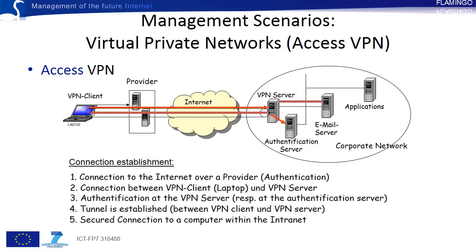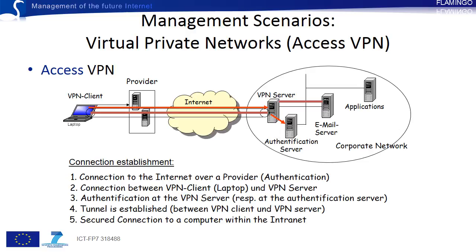The last type is the access VPN. The so-called remote access VPNs allow employees to access their company's intranet from home or while traveling outside the office. The slide shows the process of establishing such a connection. In the first step, the laptop has to be connected to the internet over a provider.